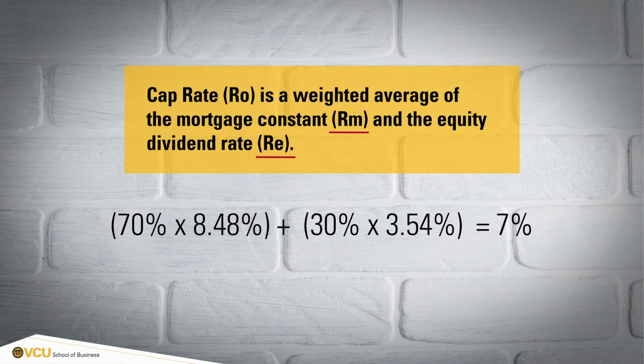That was the 8.48. There's the 3.54, and there's the proportion that equity is invested in the property, and the proportion that debt is invested in the property. Multiply those out, combine them together, and you get the overall rate of 7% for the project as a whole.